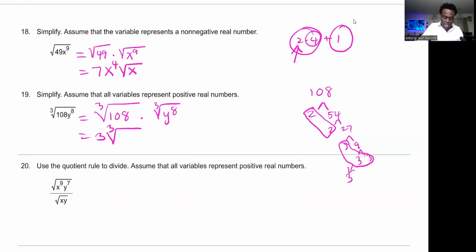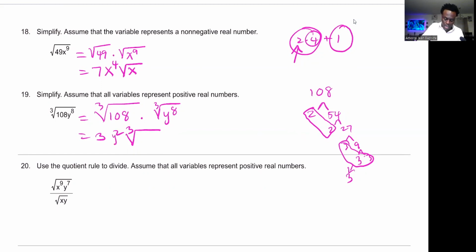But we want to make sure the part of the variable that goes outside goes outside. Now, how many times does the index 3 go into 8 evenly? Your answer is 2. So that's y squared outside. And what's the remainder? Your answer is 2. I said x, that should be y. I'm sorry.